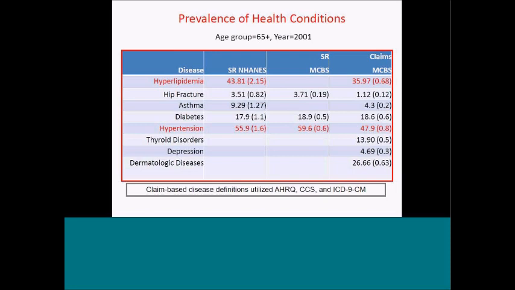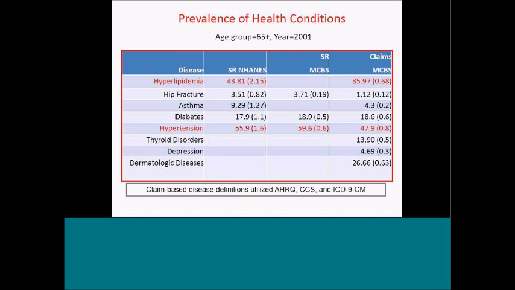But if you look at the claims, 36% of subjects have a claim for hyperlipidemia. And again, look at hip fracture: self-report in NHANES is 3.51%, but if you look at the claims, only 1.12% of hip fracture is captured there.